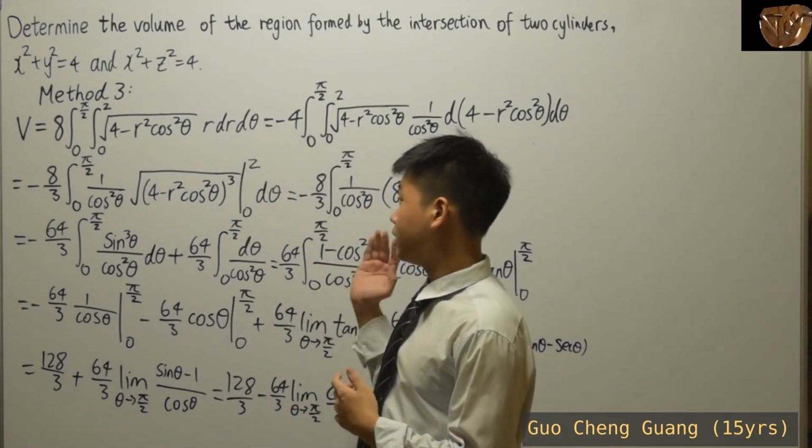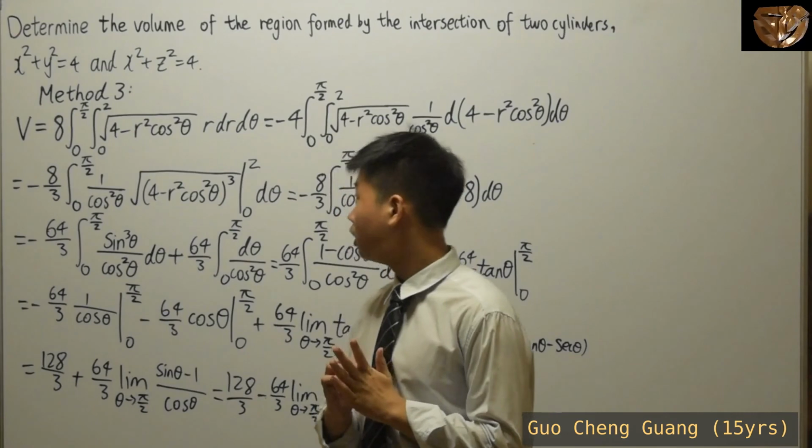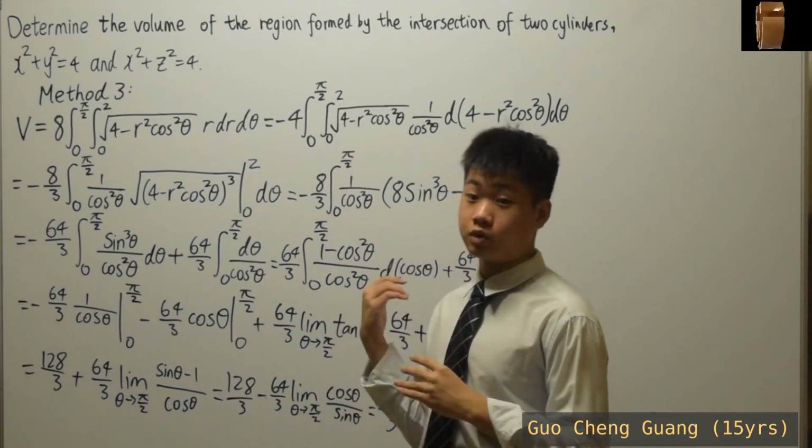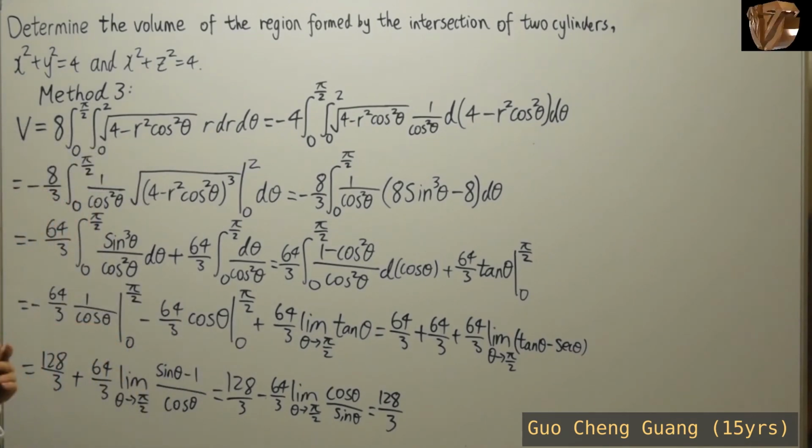So this is pretty much the entirety of method 3, where we used polar coordinates to integrate with respect to r first. Alright, so just take a quick look at all of this.